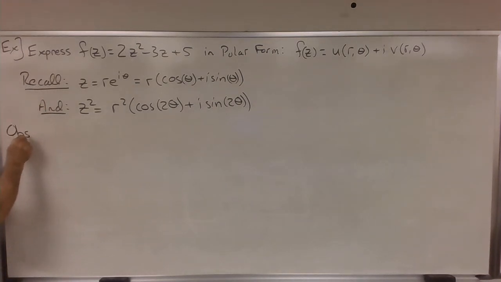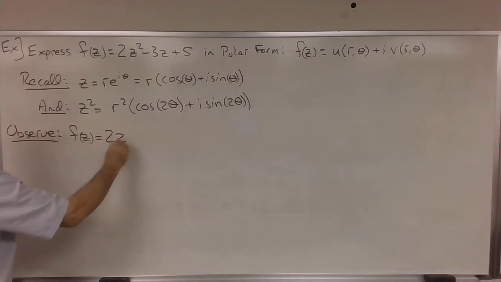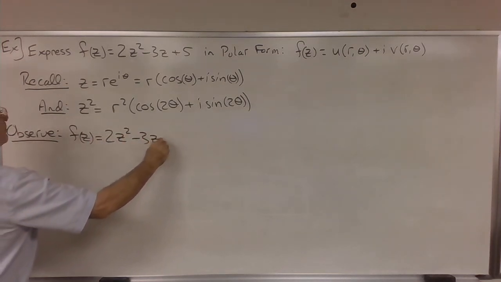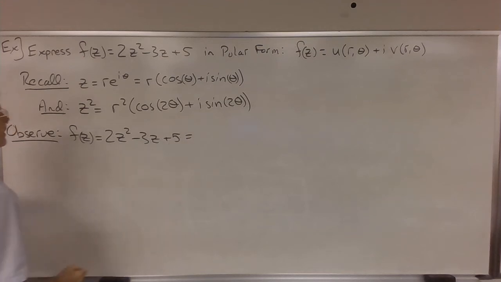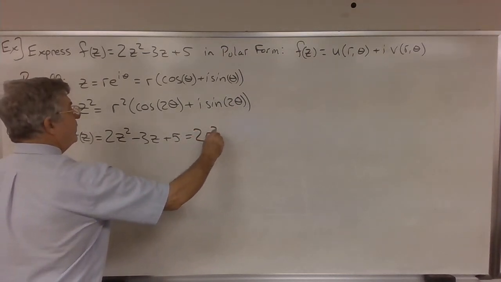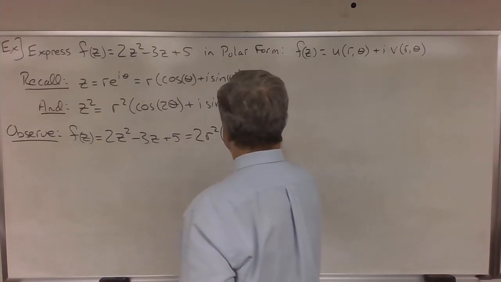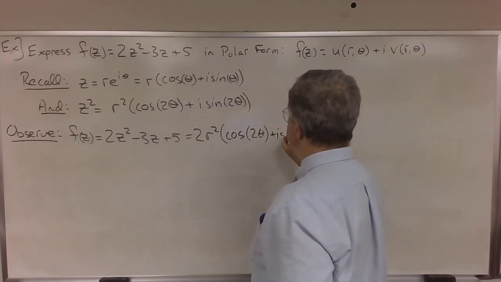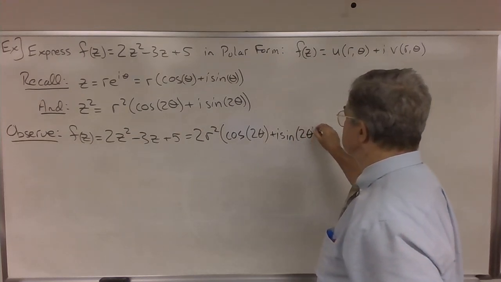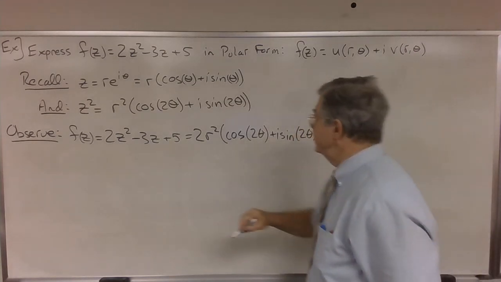Okay, now I guess I just plug all of this in. f of z is 2z squared minus 3z plus 5. And I'll plug in this mess for z squared, so I'll get 2r squared times cosine 2 theta plus i sine of 2 theta. And then I have minus 3z.